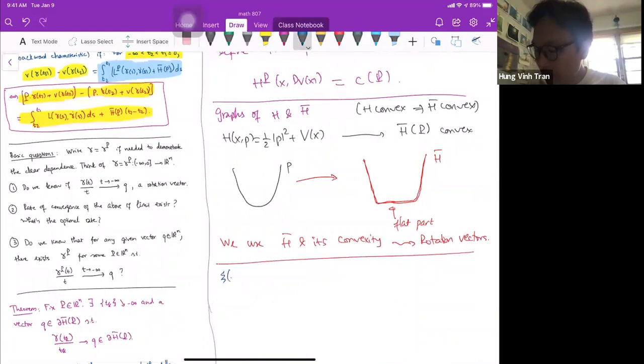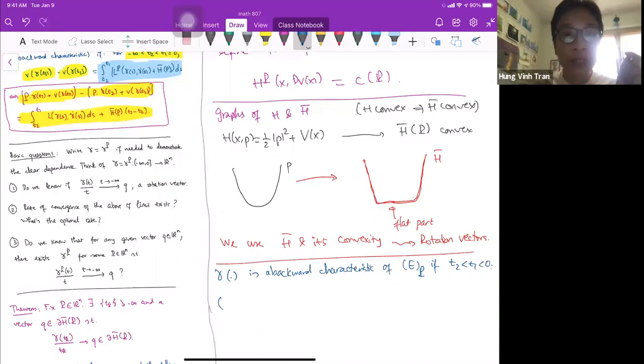So gamma is a backward characteristic of E_P if, for t2 less than t1 less than 0, I would have, it's clear, right? Because if you look at the cell problem, you have P plus Dv, so it's kind of like p dot x plus v, differentiating, right?